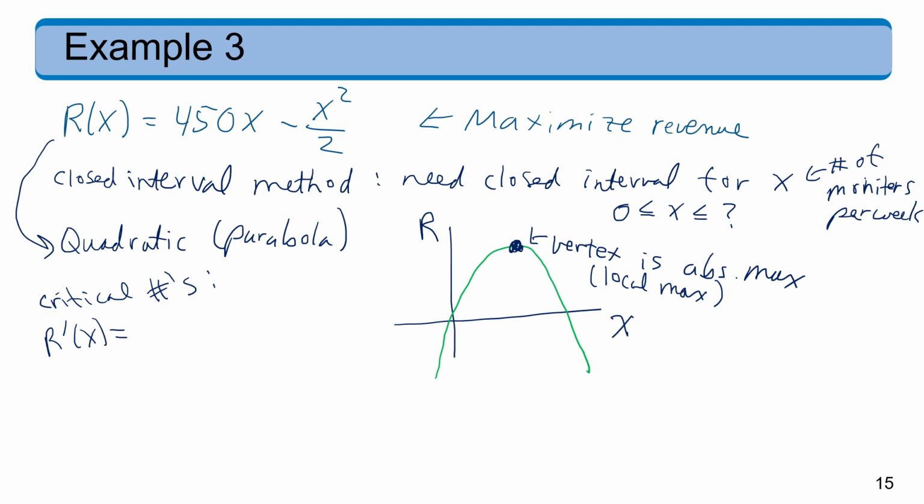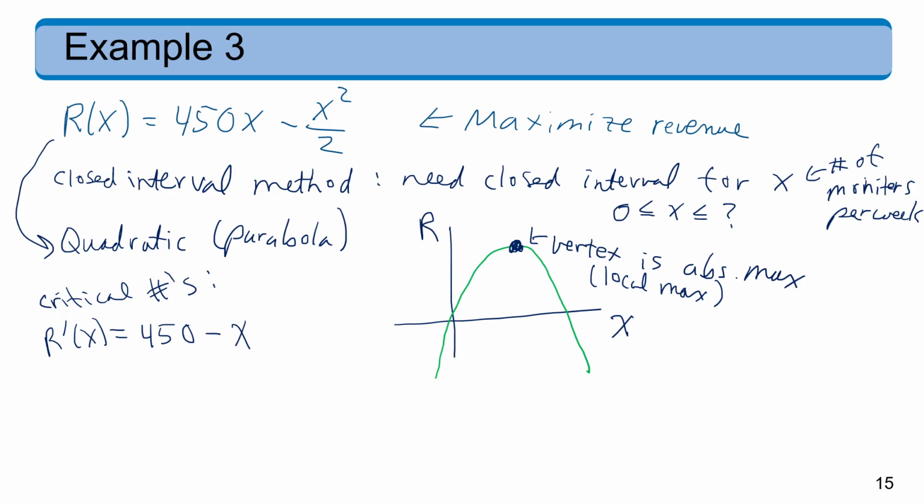So looking at the formula for r up at the top, we just take the derivative and we get 450 minus, now on this term, the over 2 is the same as multiplying by 1/2. So you just carry along the 1/2, bring the 2 down in front, reduce the power by 1. So we have 1/2 times 2x. So the 2's cancel, and we're just left with x.